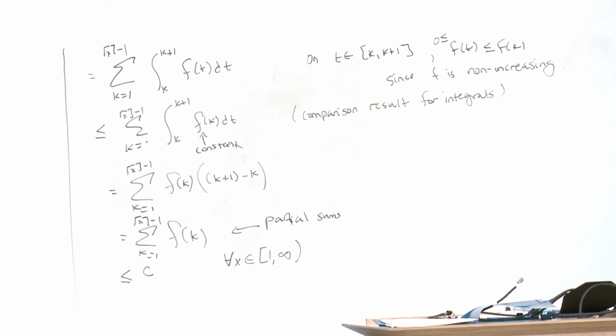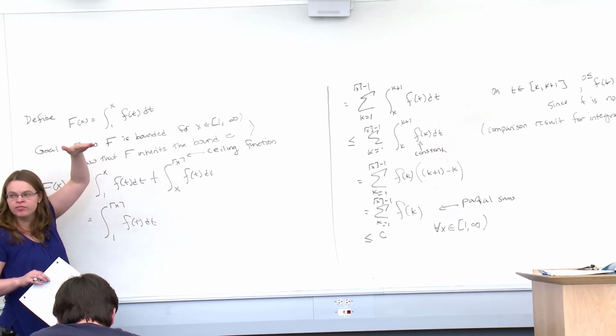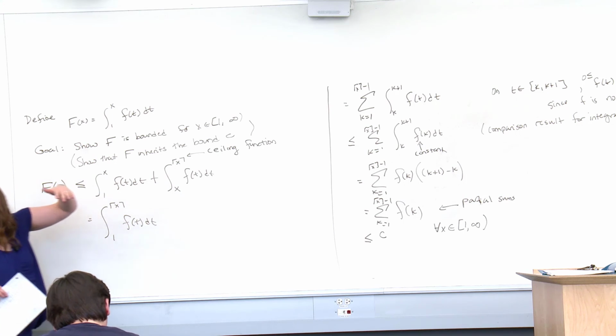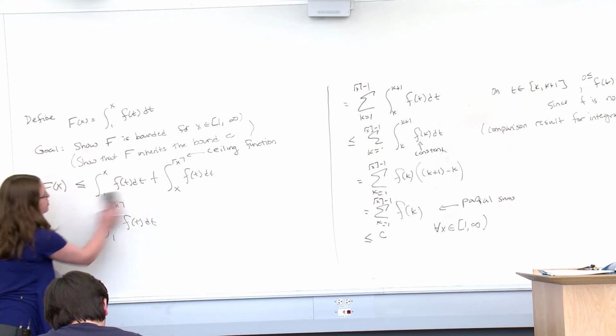This is exactly what we wanted, right? We wrote down this capital F. We said we're integrating a positive function. That means as long as we can show that this capital F is bounded above, we're in business. We know that the integral converges. That was one of our results from improper integrals.